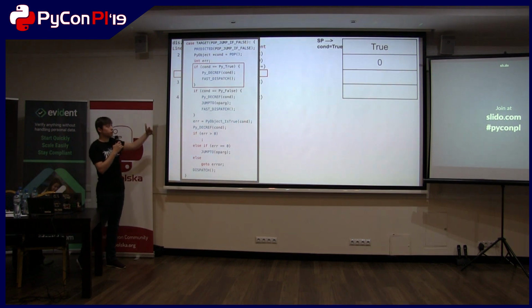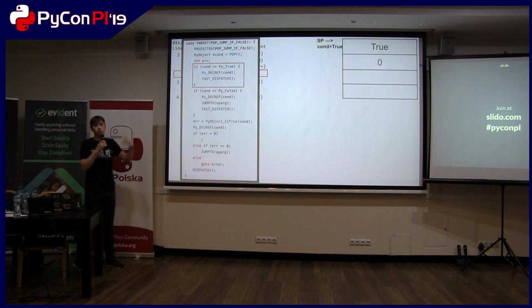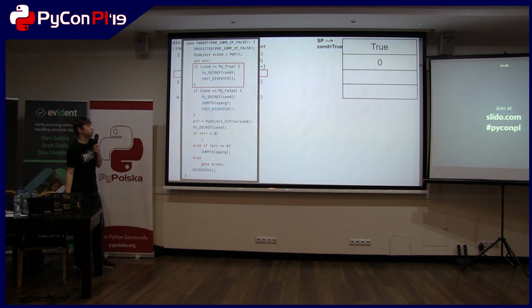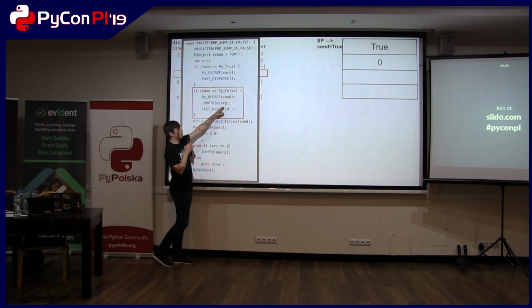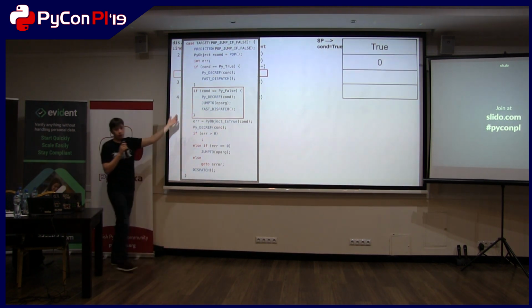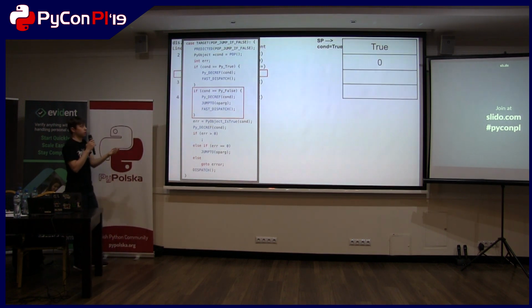So if it's true, we just go to the next bytecode operation, with fast dispatch. But if it's false, they jump to the oparg, and the oparg is actually this 12 that was there as the argument of the opcode. And then they do fast dispatch.